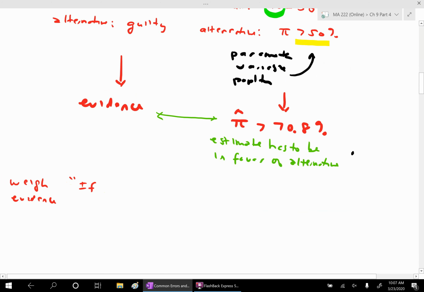Well, I should say not guilty. There is a difference in this context. So if the person is not guilty, then how likely is it that I could get all this evidence against them? In other words, is it likely that a person that's not guilty could have all this evidence against them?